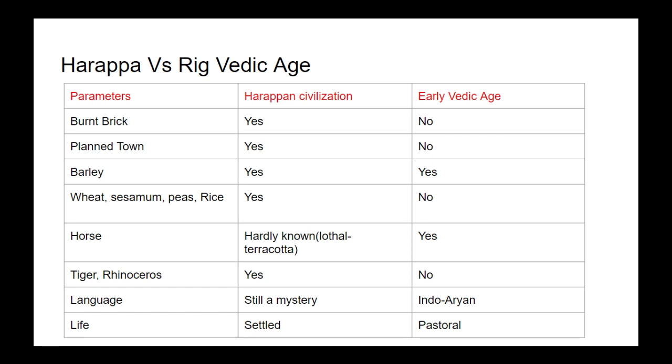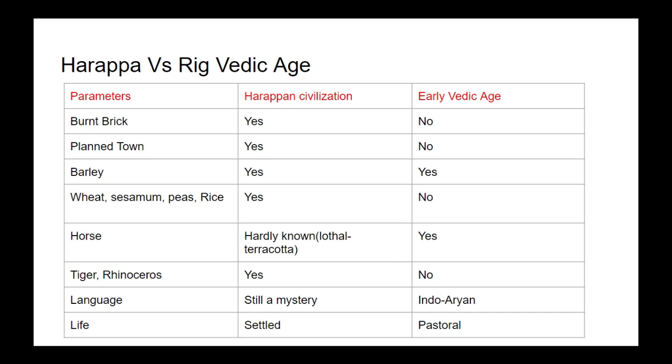Both Harappan and early Vedic people were aware of the agricultural produce barley, but when it comes to wheat, sesame, peas, and rice, Harappan people were aware of these, but early Vedic people were not.